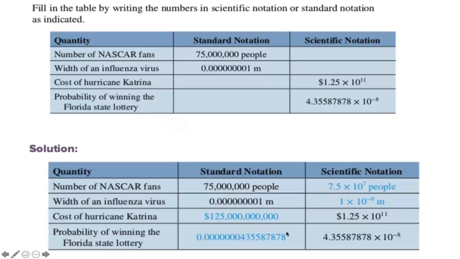And then for a small number, we're going to move the decimal all the way over here. So it's 1 times 10 to the negative 9, because we need to move left to get the original number. And this one, 1.25 times 10 to the 11, because we need to move this 11 places to get this big number. And negative 8, because we need to move this decimal to the left by 8 places to get this number.